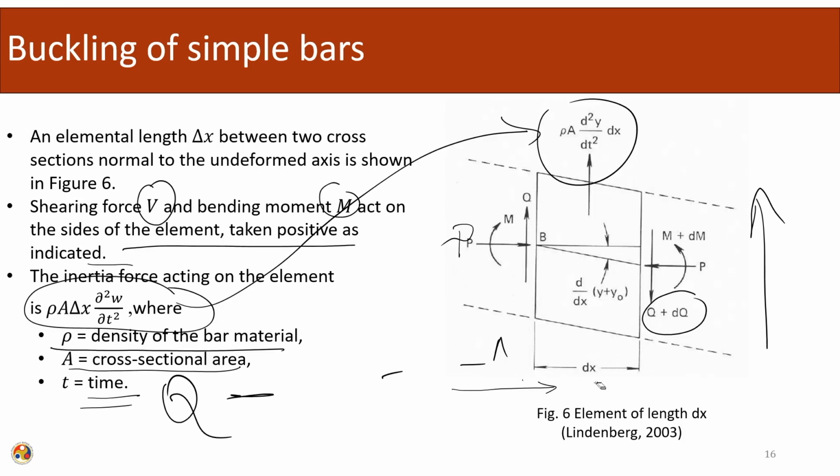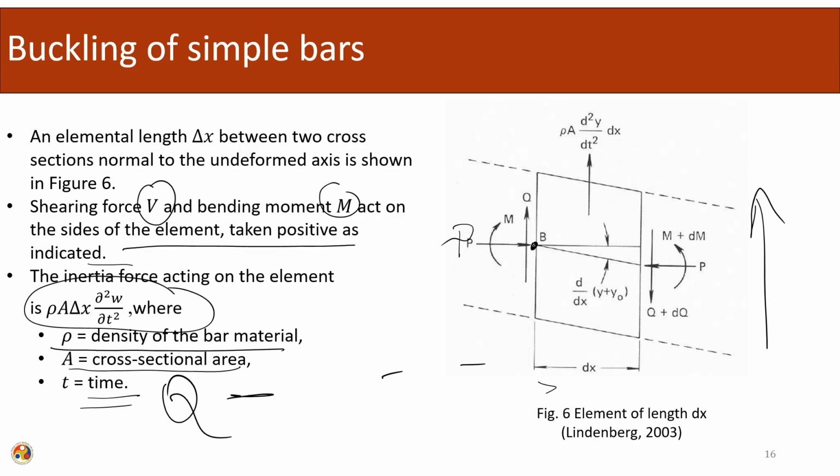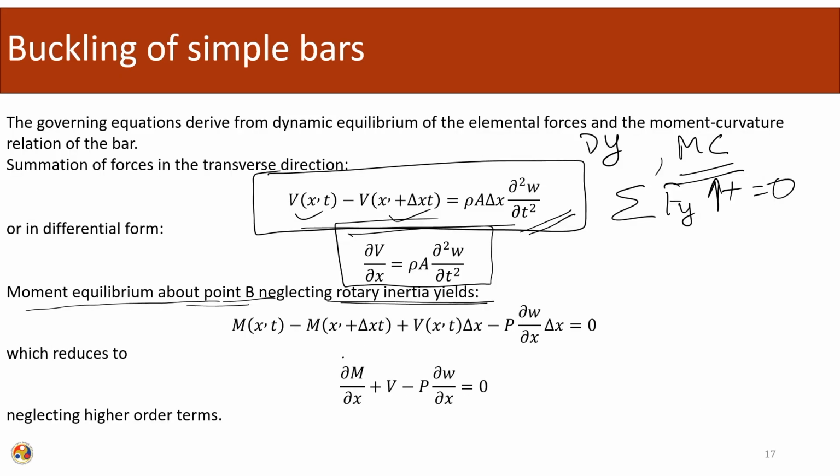So, about point B we are taking the moment out here. If we are considering counterclockwise positive, then we will have m plus dm, then we will have minus m. Here it is taken clockwise, so minus m plus dm, plus m.